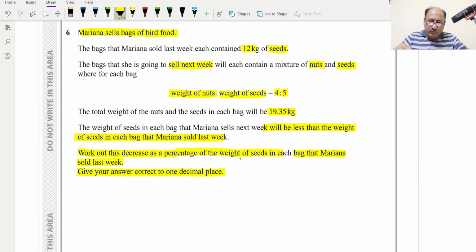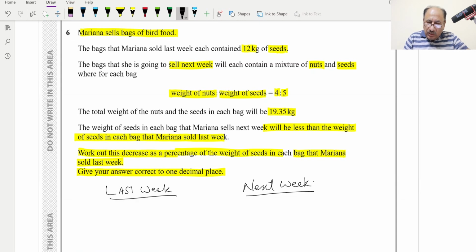So what we can do, we can understand this in two situations. One is the situation last week and one is next week. Last week it was 12 kg, it is written over here. So seeds were 12 kg. So we are talking about seeds only.